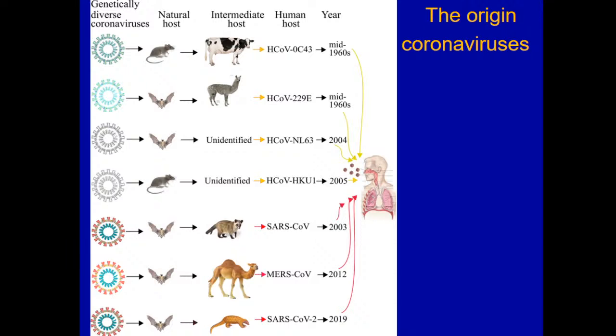Here you can see that some viruses are designated with yellow arrows, and some viruses are designated with red arrows.